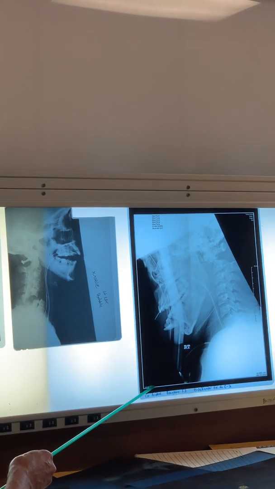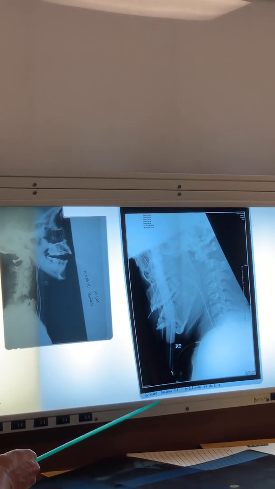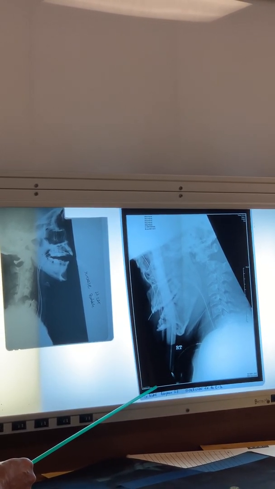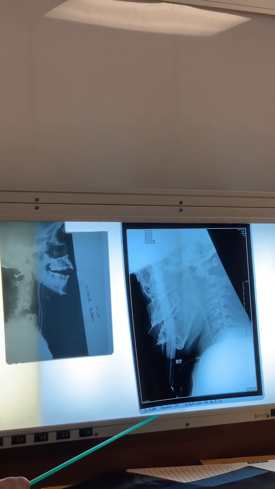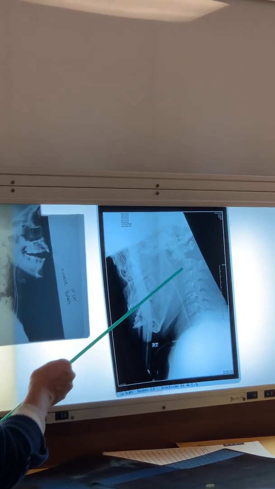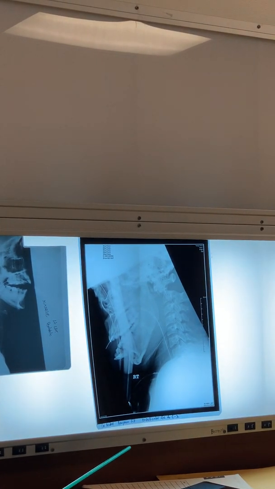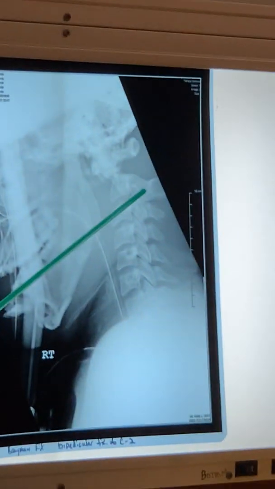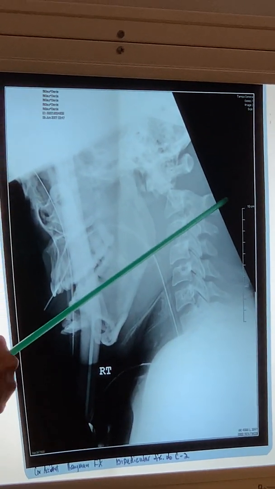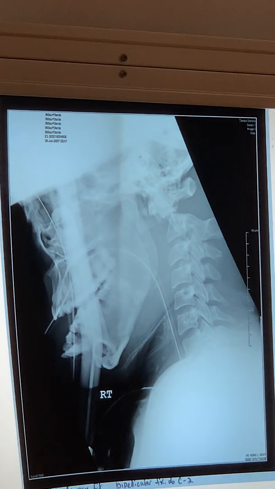He gave me this. So this was a hangman's fracture that he wrote down here. It was a car accident. You can see right here it's disconnected, C1, C2. Obviously they would need to take another one because they missed the spinous process of C2.